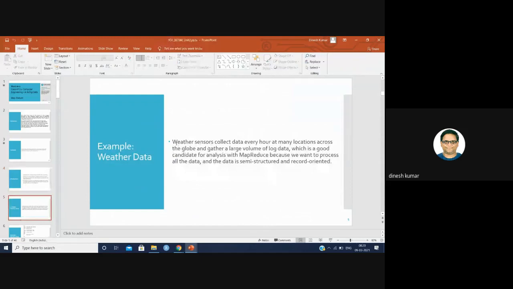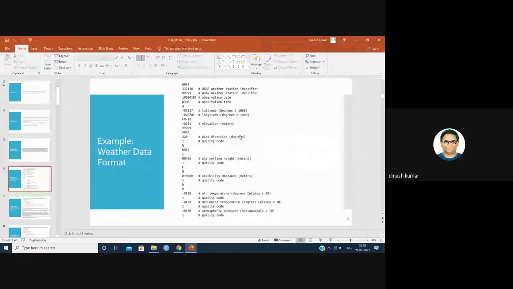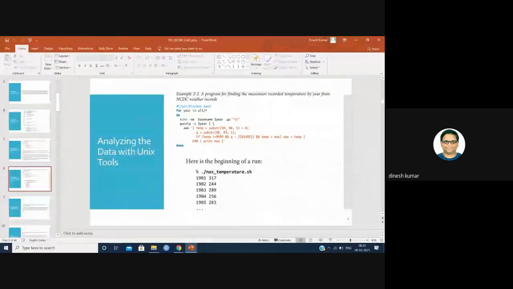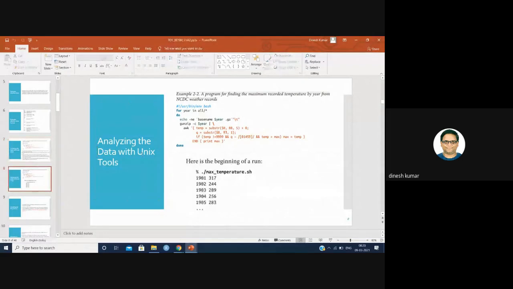This example of weather data is given in the book. This is the format of the weather data, and analyzing the data with Unix tools, the NCDC climate data, and the speeding up of the process.